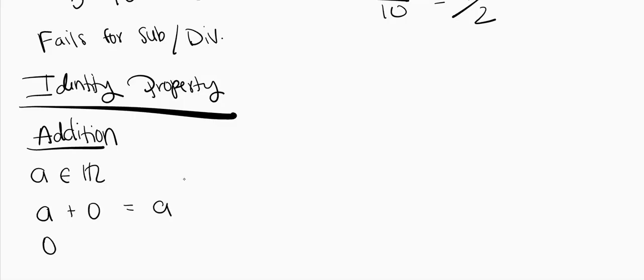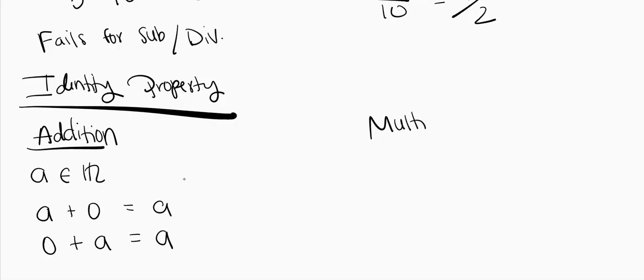Again, by the commutative property, 0 plus a will also equal a. So the identity property is essentially saying that by addition, we can add some value, and when we add it to a value, it would equal itself.